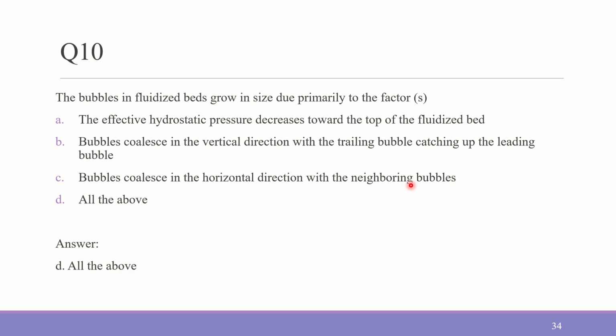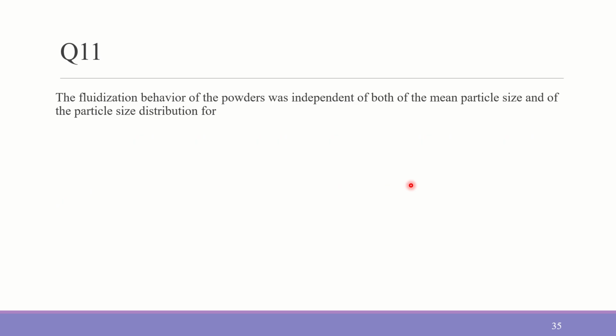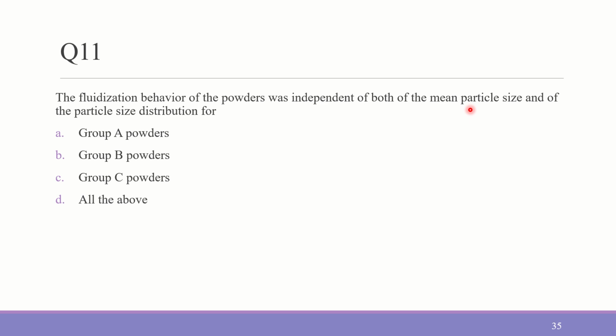Now let us go to question 11. It is asked that the fluidization behavior of powders was independent of both the mean particle size and the particle size distribution for: option A, group A powders; option B, group B powders; option C, group C powders; option D, all the above.